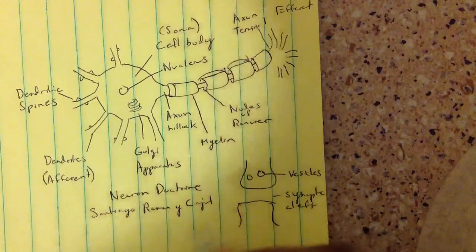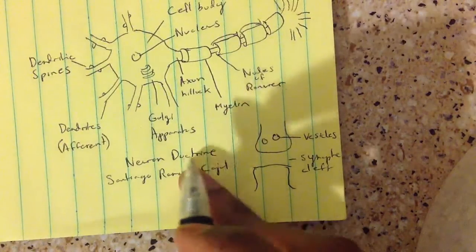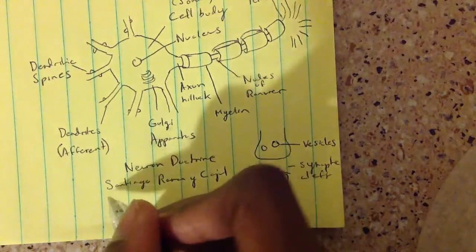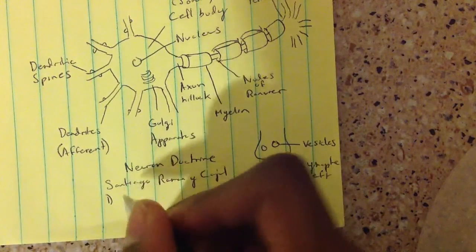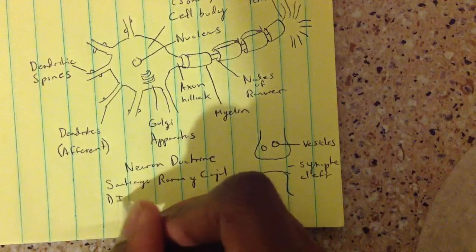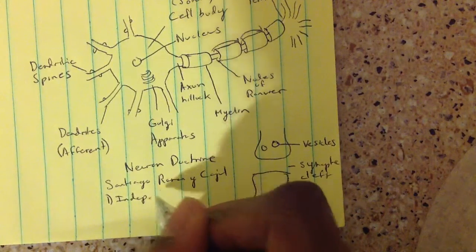There are two main points to the neuron doctrine. One is that the brain is made up of independent, individual cells.